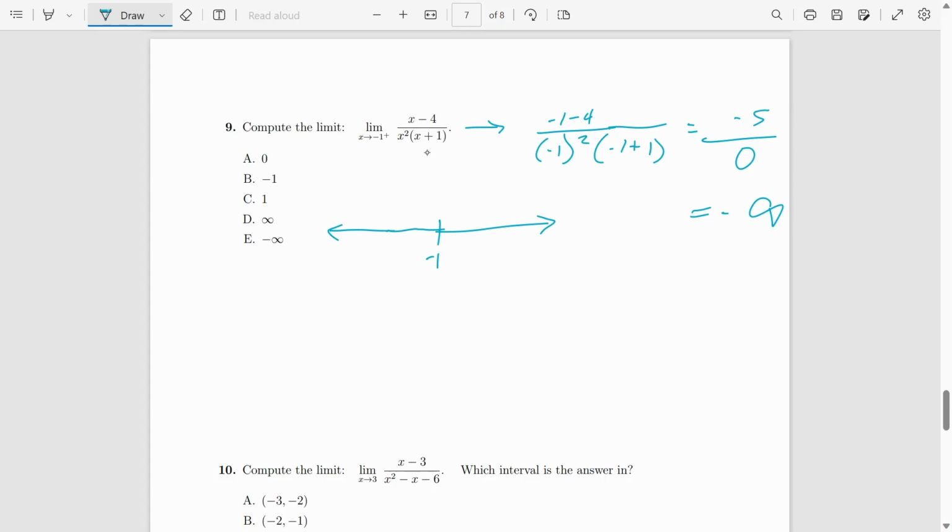So let's do -1/2 to start. So let's plug that in. So that's -1/2 minus 4 over -1/2 squared times -1/2 plus 1. And remember, you don't need to fully calculate all this.